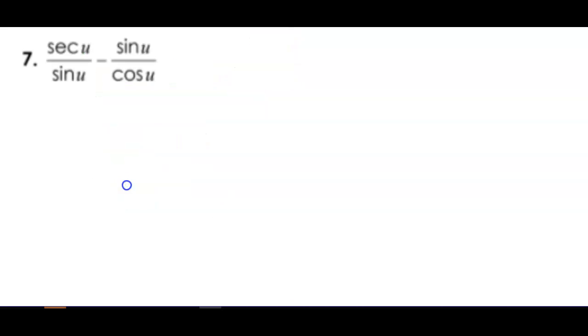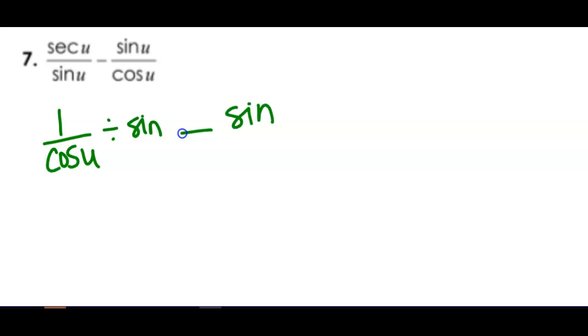All right. This one's interesting. So secant is 1 over cosine, and it is being divided by a sine. And then we have minus a sine over a cosine.